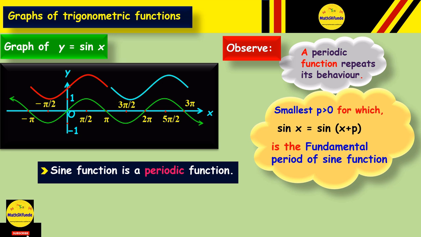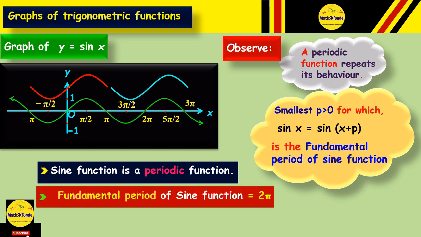So the smallest positive p for which sin x equals sin of x plus p is called the fundamental period. If p is not the smallest one, then we just call it a period, not the fundamental period. So what we observe here is, the way I have shown in the figure, that 2 pi is that length. So we understand that the fundamental period of the sine function is 2 pi.